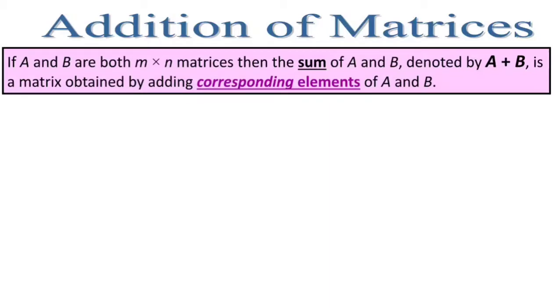Means the order of A and B is the same, then A plus B exists. And what is the definition of addition of two matrices? Addition of corresponding elements. Here A and B are both matrices of the same order, that is m by n, then their addition is possible.